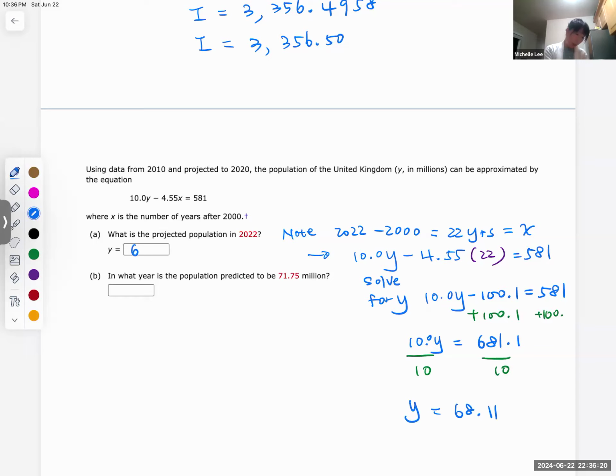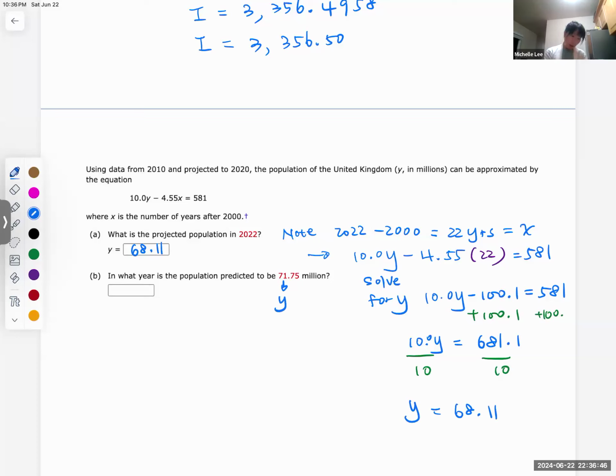So 68.11. Now, in what year is the population predicted to be 71.75, right? So we want to solve for x, and we substitute. This is y, right?